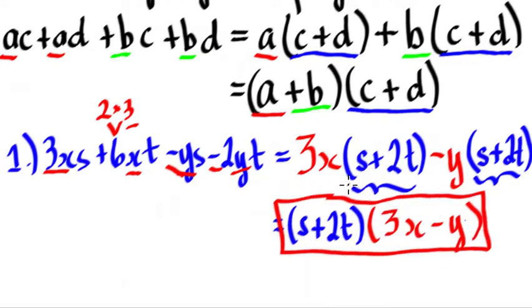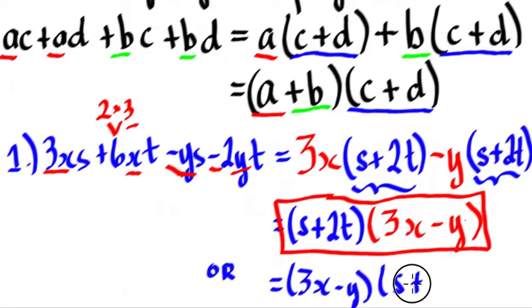By the commutative property of multiplication, they can be written oppositely, so it can also be written as 3x minus y times s plus 2t. They're still the same, do not worry. So that's our first example for factoring by grouping.